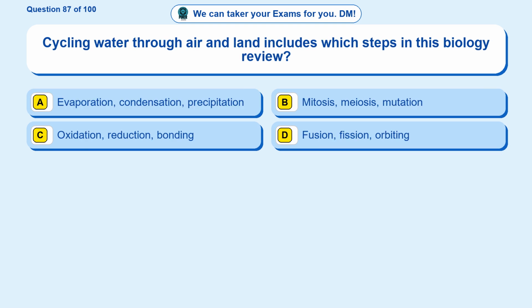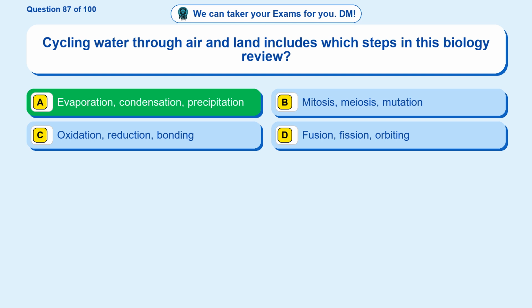Question 87. Cycling water through air and land includes which steps in this biology review? Option A, evaporation, condensation, precipitation. Option B, mitosis, meiosis, mutation. Option C, oxidation, reduction, bonding. Option D, fusion, fission, orbiting.